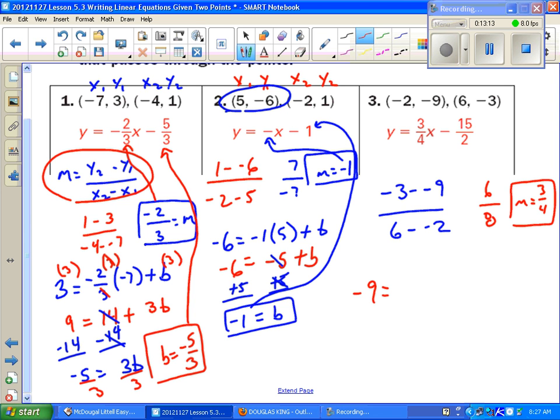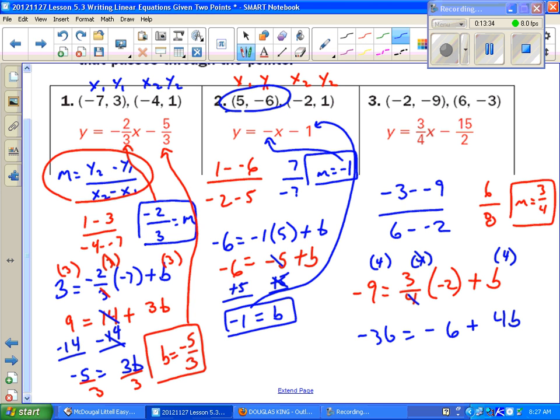Negative 9 equals 3 over 4 times negative 2 plus b. Get rid of your divide by 4 by multiplying everything by 4. So negative 36 equals, these will cancel, negative 6 plus 4b. Get rid of negative 6 by adding 6 on both sides. You have negative 30 equals 4b.